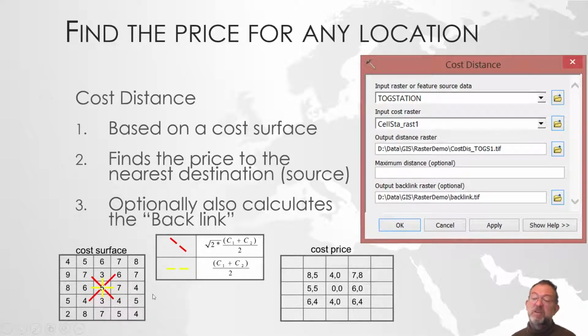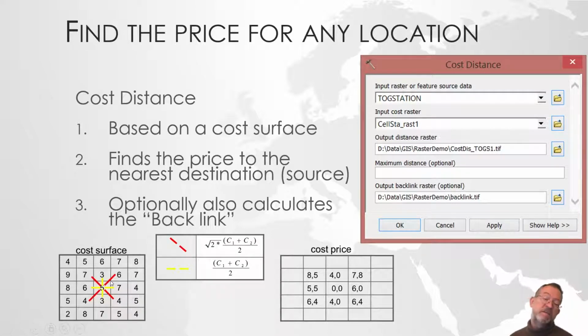If I'm moving diagonally, the distance is longer, so I multiply by the square root of 2, about 1.4, because of Pythagoras. So we calculate the average of the two cells, and for a diagonal we multiply by 1.4.